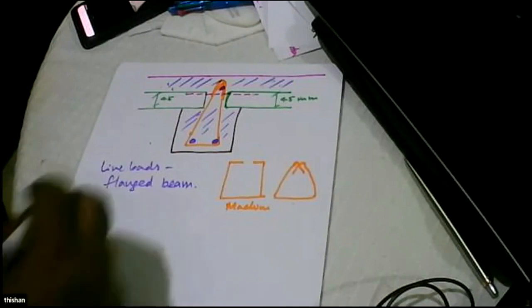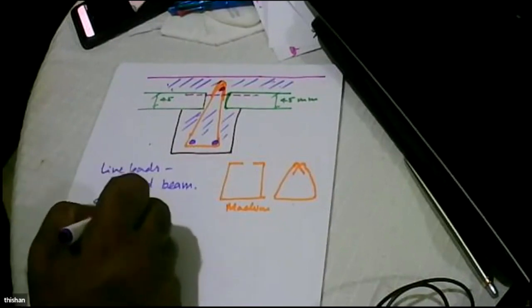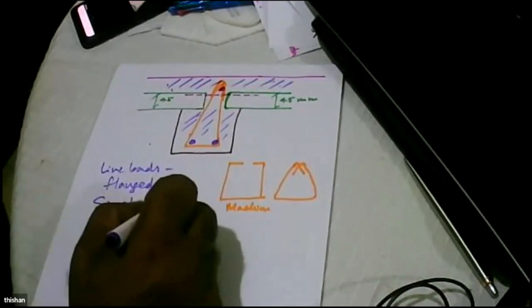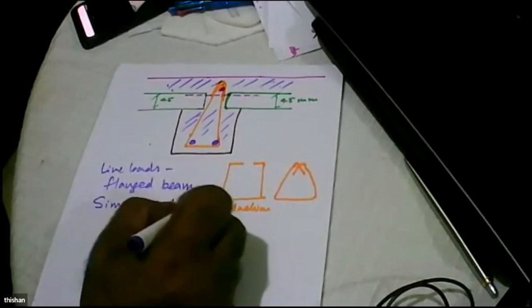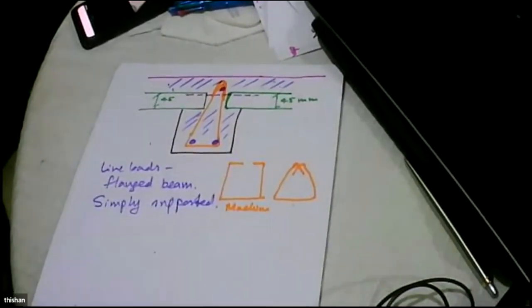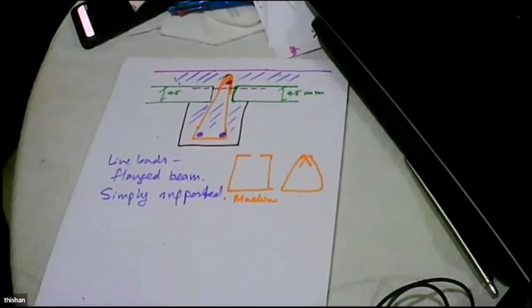So we consider it as a flange beam, and we design it as a flange beam. So the beam is designed as a flange beam, but simply supported. If you want, we can even make the beam continuous, but we can generally consider that the beam is simply supported.